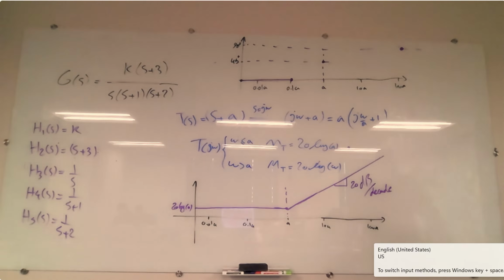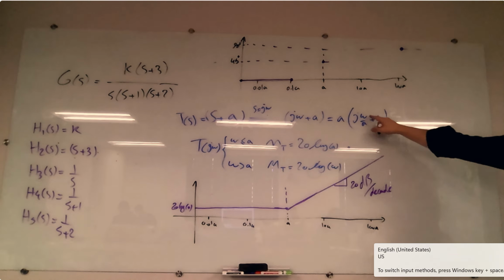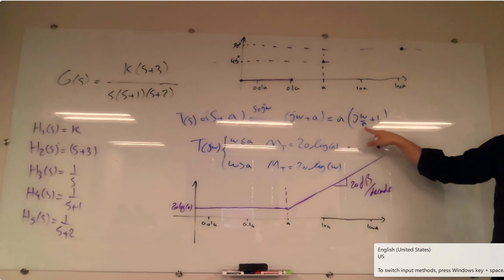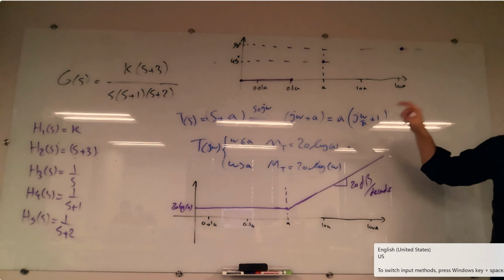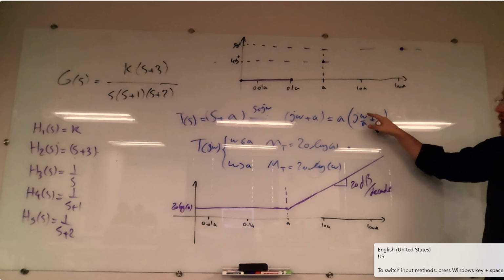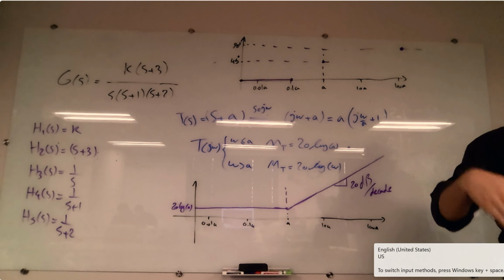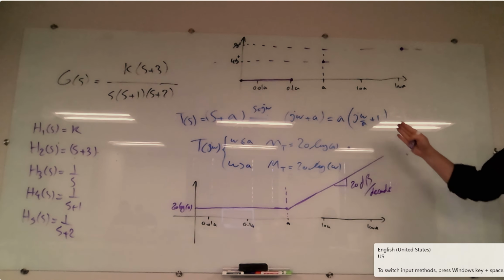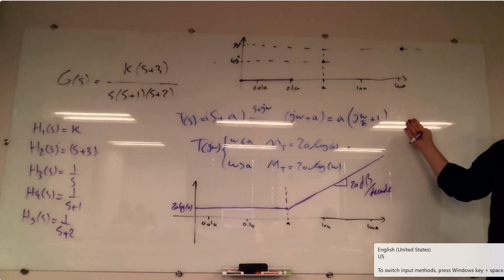Same goes for the other side. Here we said omega is much bigger than A, so we have tangent of infinity. Now, where do we draw the line of that much bigger condition? Again, 10 times. So if omega is bigger than 10 times A, we consider it much bigger, so we can neglect the constant part here, the one part here.